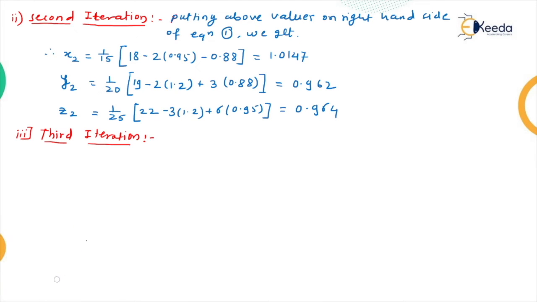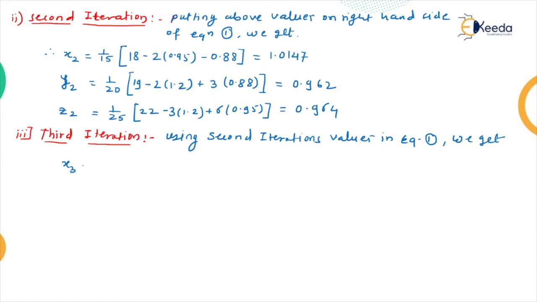I am directly writing here: using second iteration values in equation 1 we get, for the third iteration, x3 is equal to 1 divided by 15 in bracket, 18 minus 2 into the value of y2, the second iteration value, which is 0.962, so 2 into 0.962, minus the value of z, 0.964.